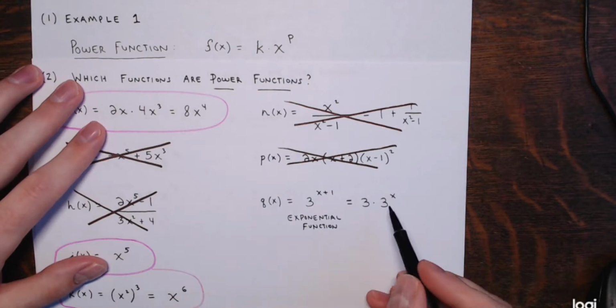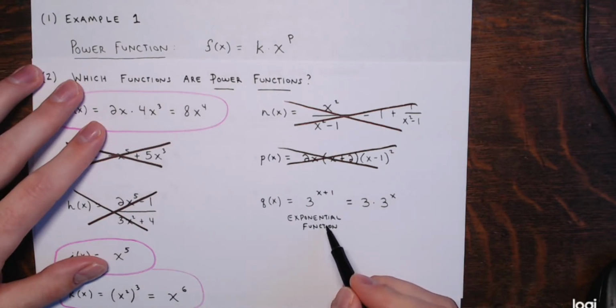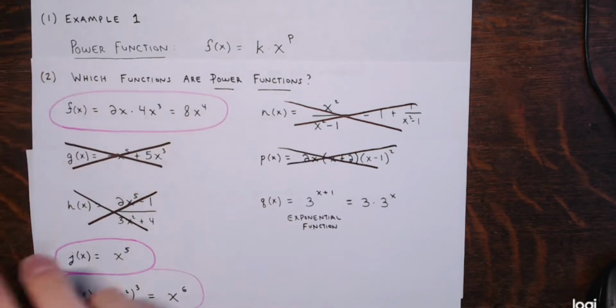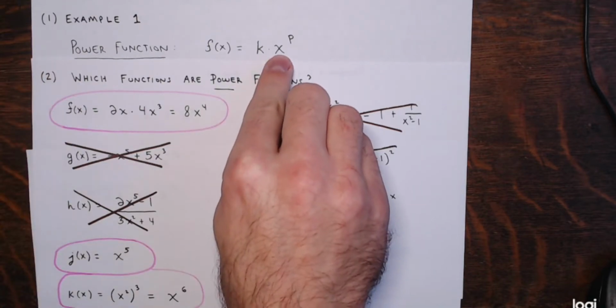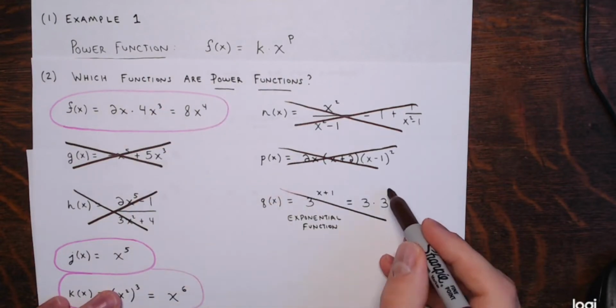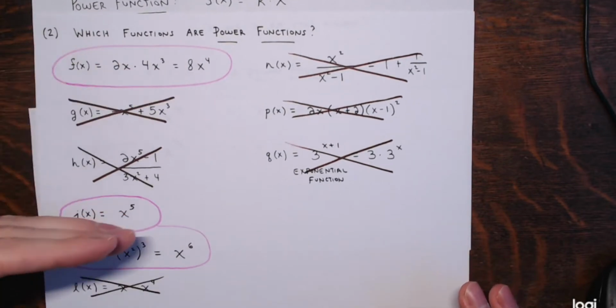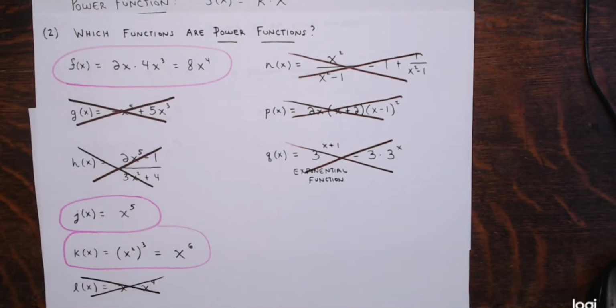So a number to a variable power, that's an exponential function. But it's not a power function. Again, a power function has the variable to a number power. So once again, not a power function. Of all these, there are only 3 of them that could be expressed as a number times x to a power, as a power function.